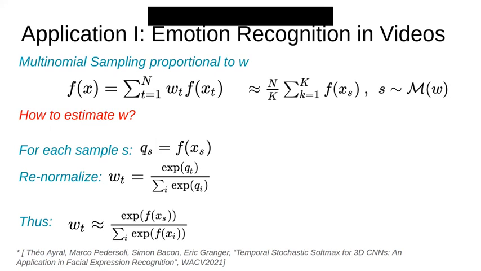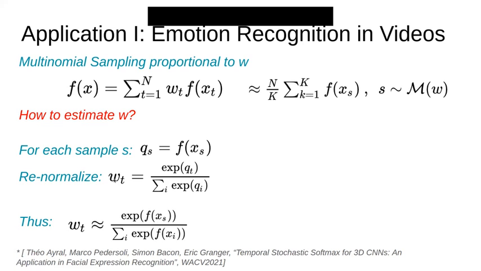This Q will be equal to the scoring function F that tells us how likely a certain emotion is. At each iteration, we renormalize Q with the softmax, and we use this renormalized Q as the weights W that we use to sample.